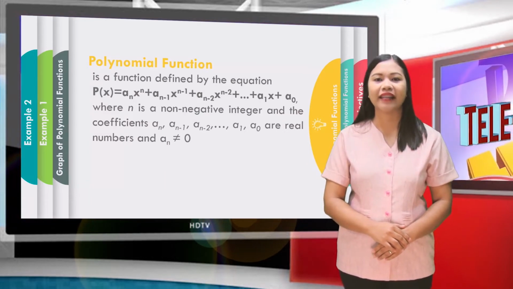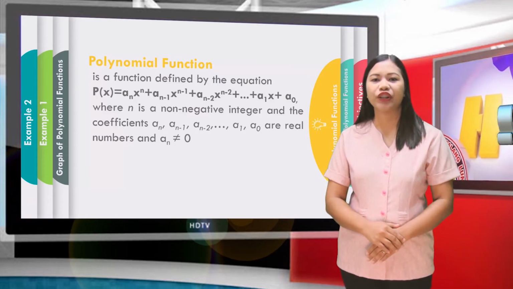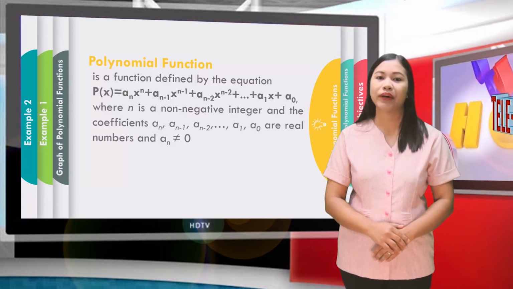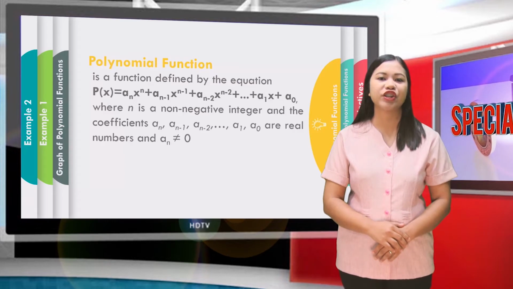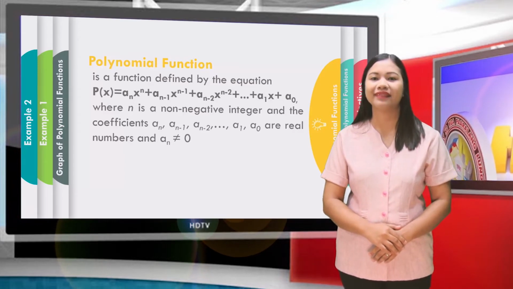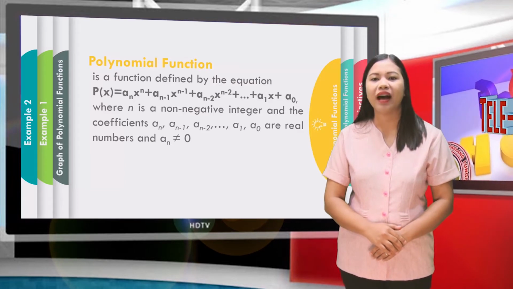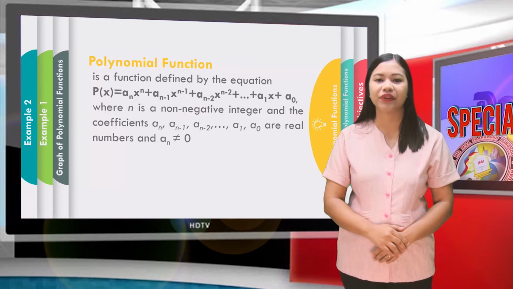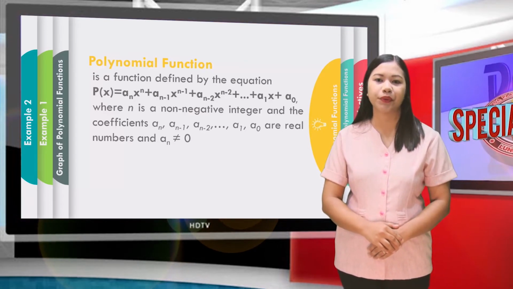Now let us define polynomial function. A polynomial function is a function defined by this equation, where n is a non-negative integer and the coefficients a sub n, a sub n minus 1, a sub n minus 2, until a sub 1 and a sub 0 are real numbers, and a sub n is not equal to 0.